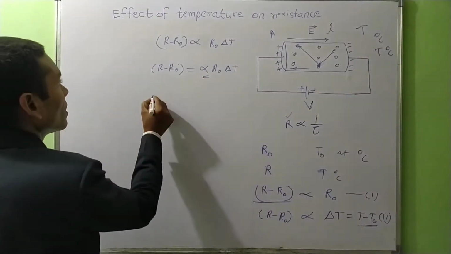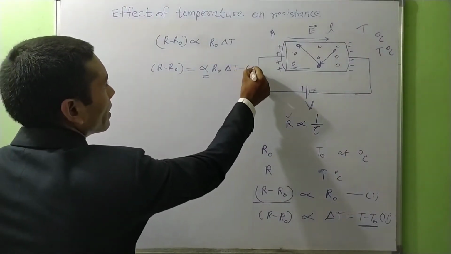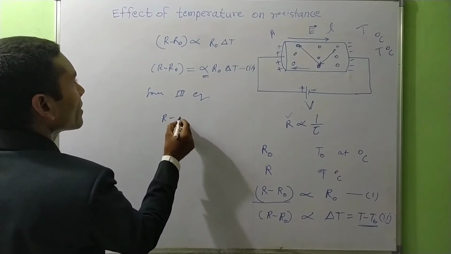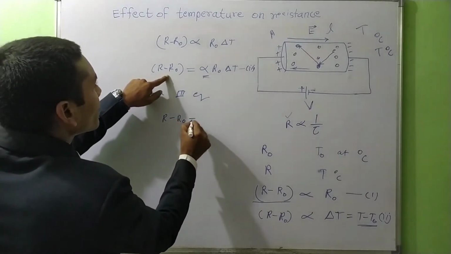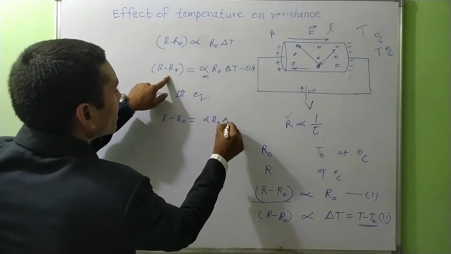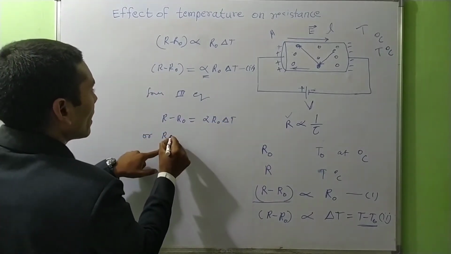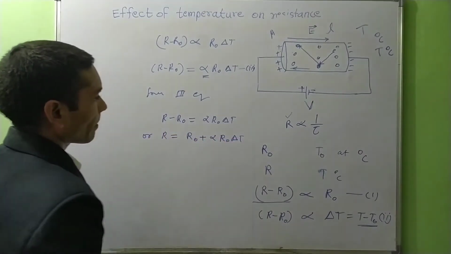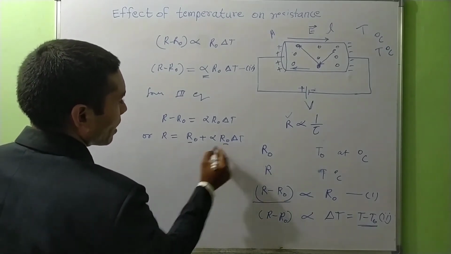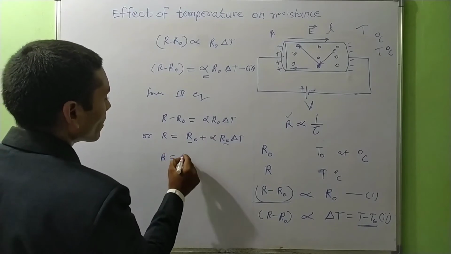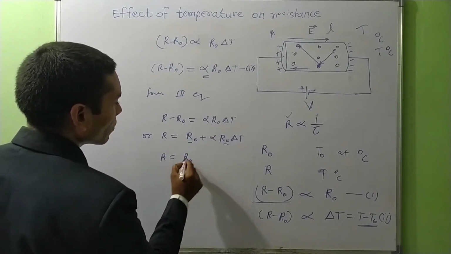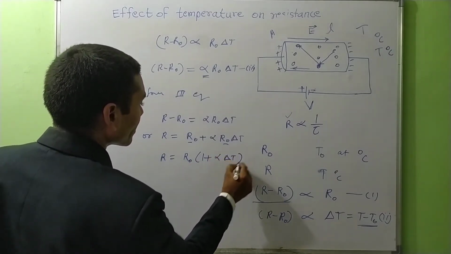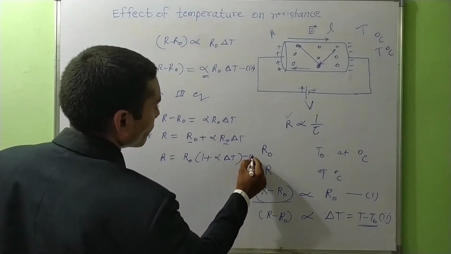Okay. Now, this is the third equation. From the third equation, R minus R naught equals alpha R naught del T, or R equals R naught plus alpha R naught del T. R naught is common, so we can take R naught common: R equals R naught times 1 plus alpha del T. This is the fourth equation.